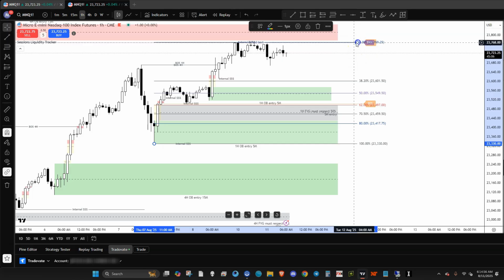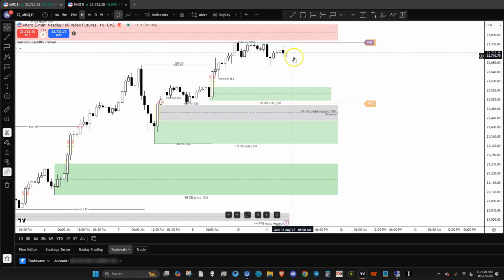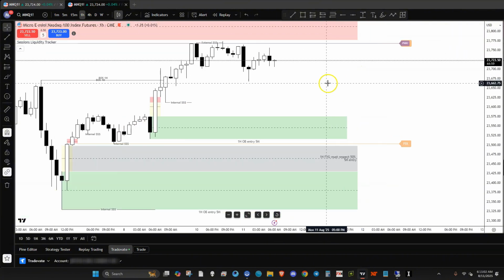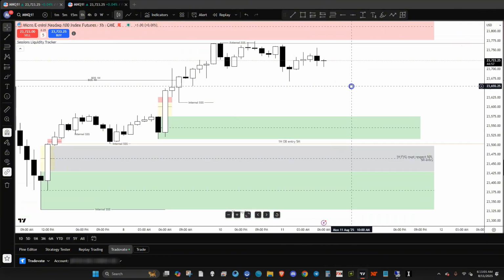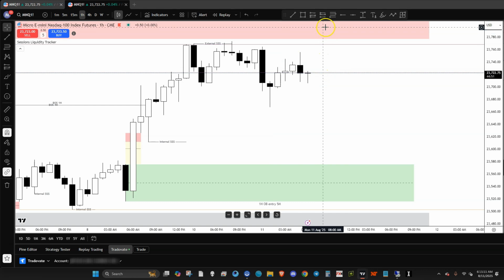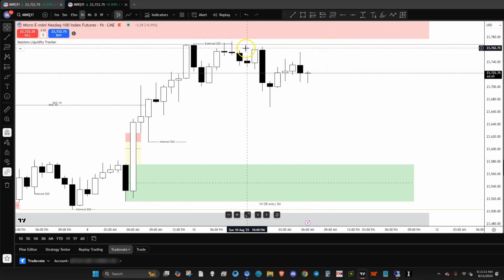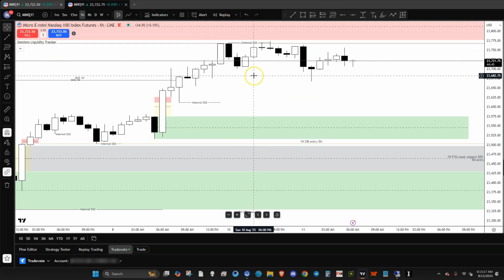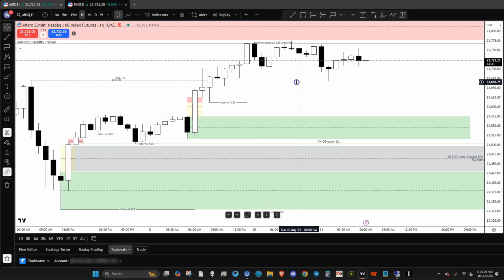What I'm looking for is price to come to this level and then keep going up. But right now it looks like we are creating a level of liquidity, so we are most likely going to tap it and then raid this external liquidity. That's what I have as external, but this is on the 1 hour, so it is going to take some time.